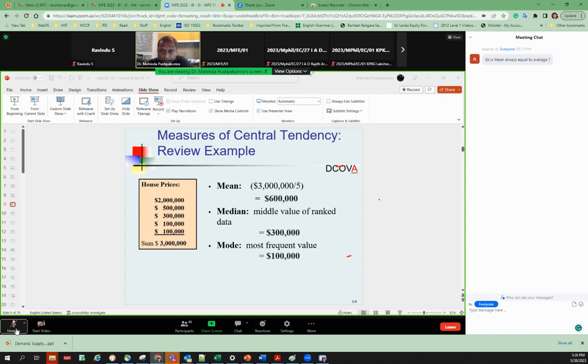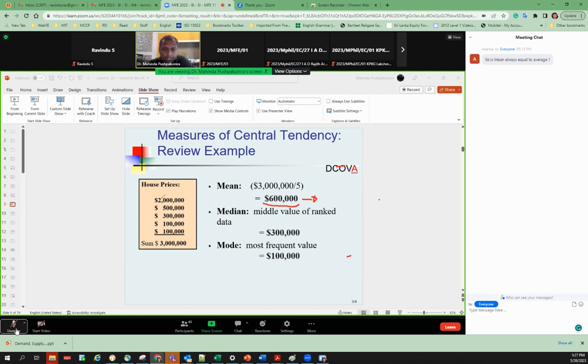First you can say about the mean value. You can say the average price is 600,000, but it is affected by extreme value.